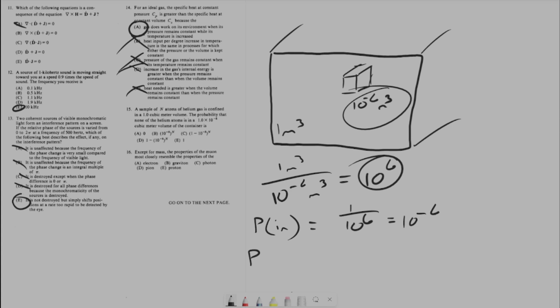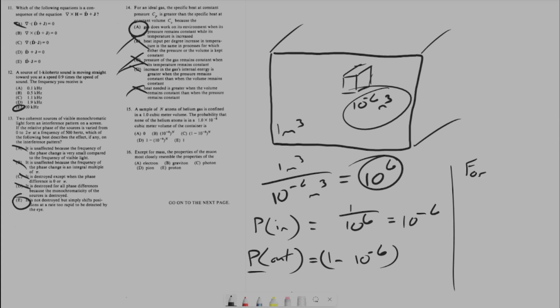Then, if we remember, the probability of not in or out is going to be 1 minus the probability that it is in. So we have that as our probability for one single particle being outside of one of those boxes. Now, let's draw a quick line.